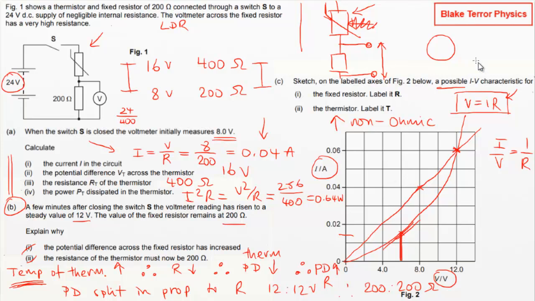This formula always applies. Is the resistance constant? That is the thing that determines whether something is ohmic or not, and whether it's obeying Ohm's law. So there you go, basic circuit analysis, and then a few little clarifications at the end of it all.